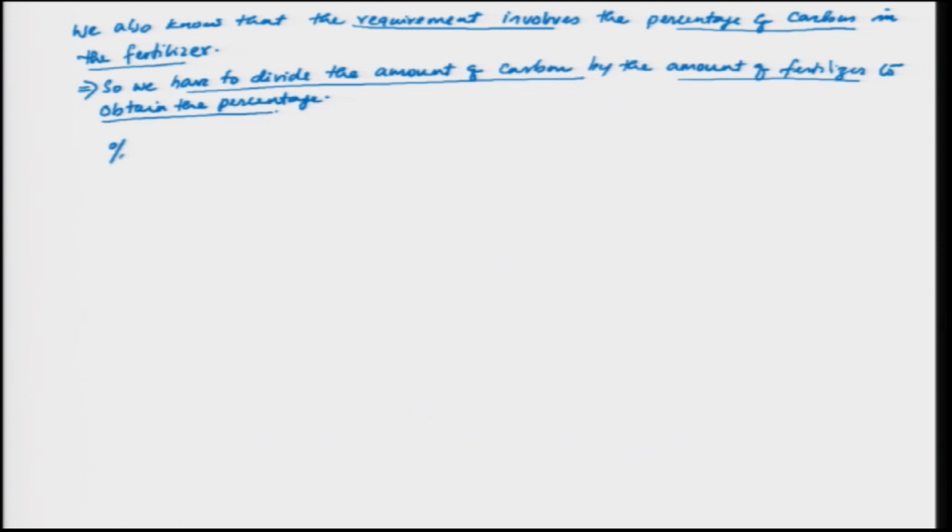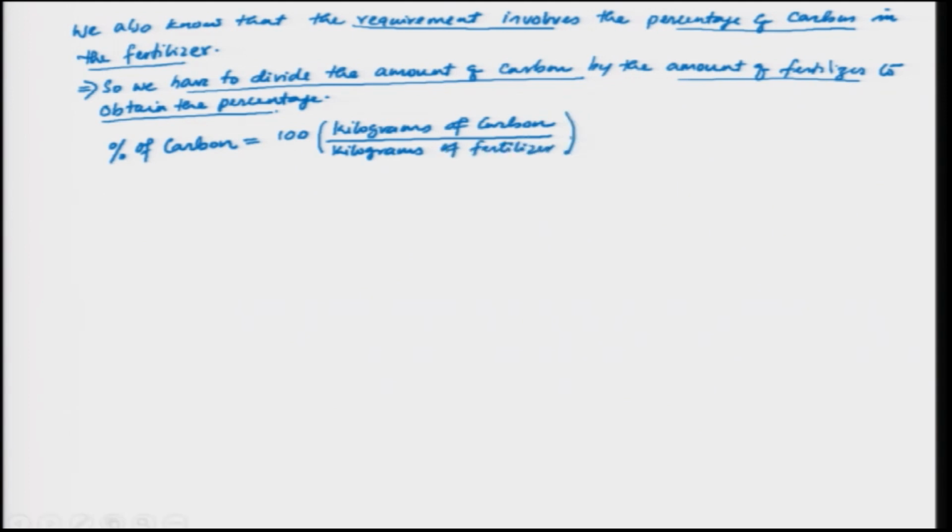So we can say percentage of carbon is equal to 100 multiplied by kilograms of carbon divided by kilograms of fertilizers. If you do this, then this ratio will give us the percentage, and we know that the percentage of carbon has to be between 0.5% to 1.25%.